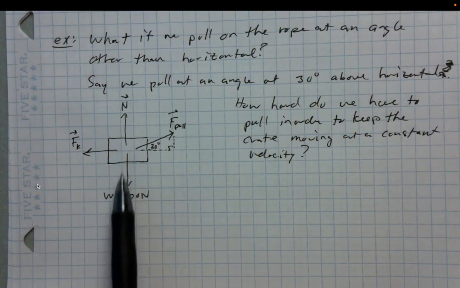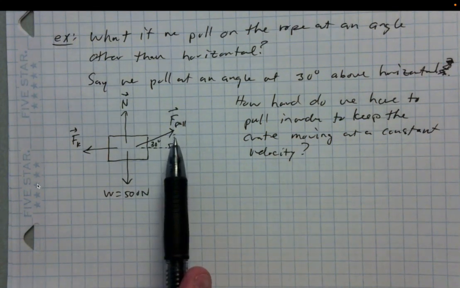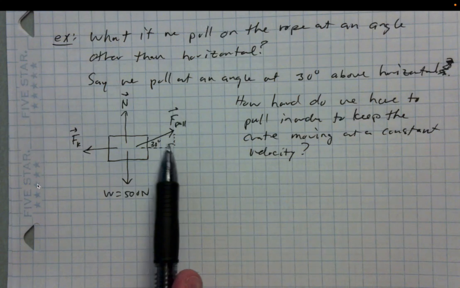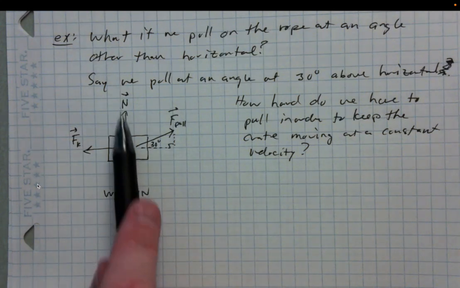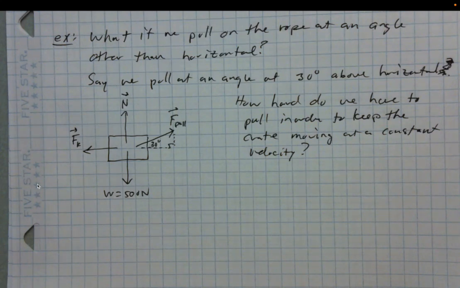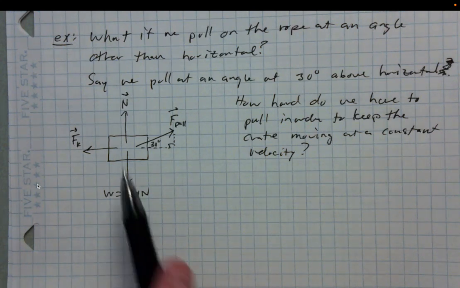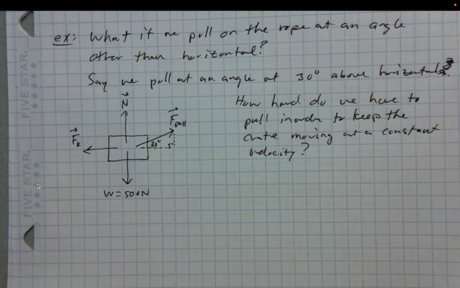Also, the weight of the object is opposing my pull, right? The key is to see that the normal force, this guy up here, is now being offset, or aided, I guess, by the pull. And when I aid the normal force, I'm in a sense lifting the crate up off the ground a little bit, and that's reducing the friction force.